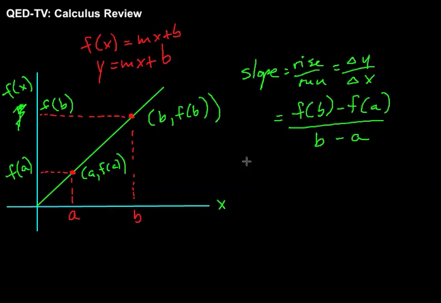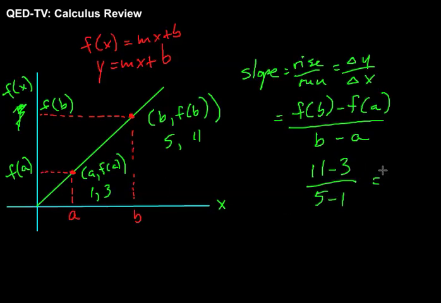It'd be really easy. For instance, if this was 1 comma 3, and this was 5 comma 11, then we would do f of b minus f of a, so 11 minus 3, over b minus a, so 5 minus 1.